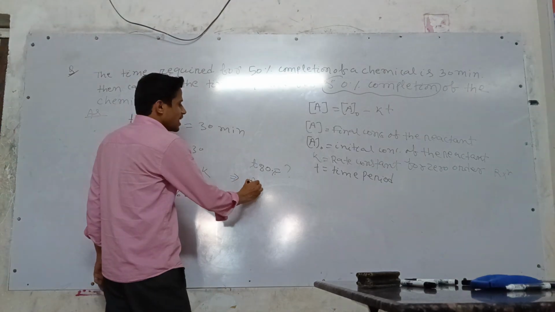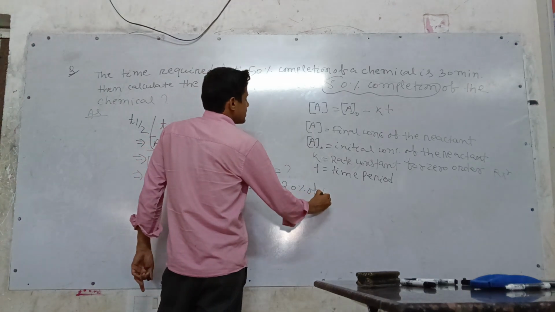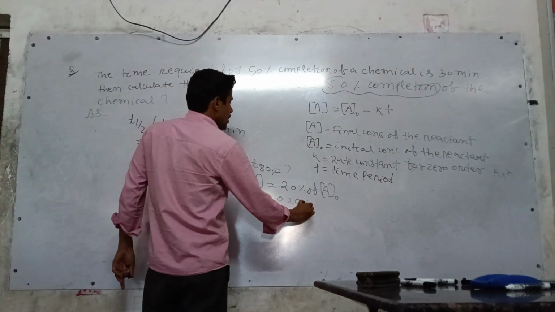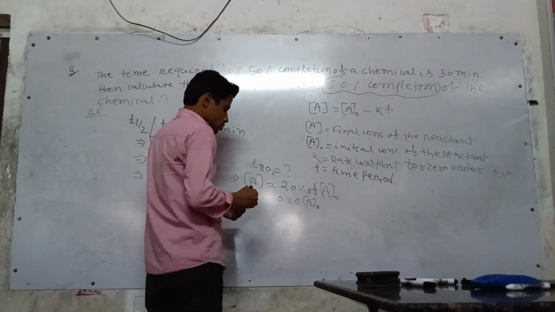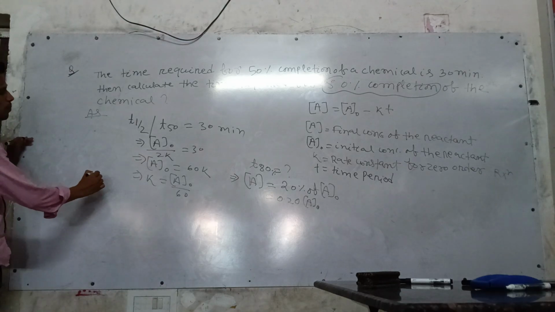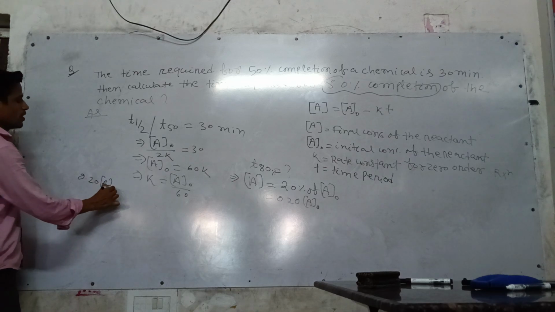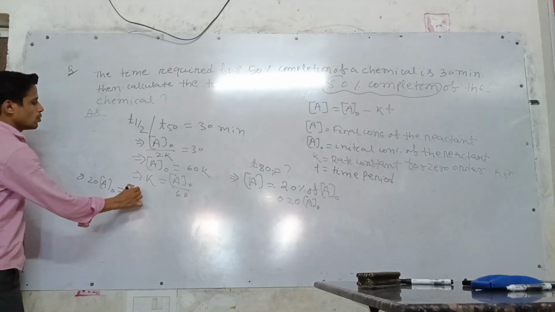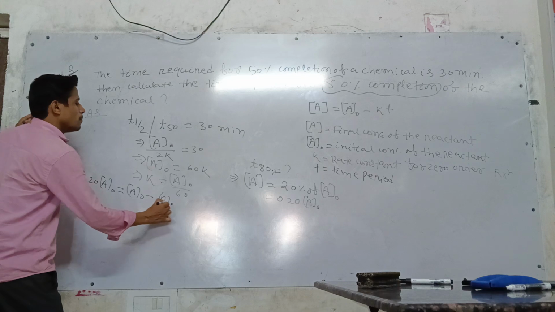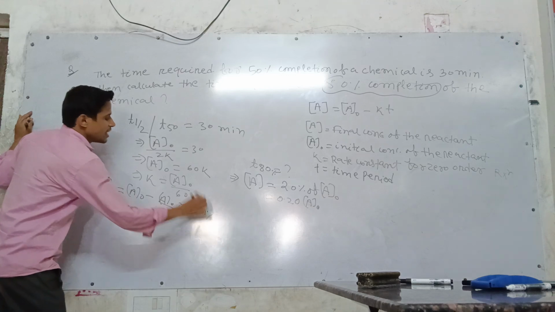So the final concentration equals 20% of the initial concentration, which means 0.20 of A0. So A equals 0.20 A0, which equals A0 minus, in place of K we will put A0 by 60, into t, that is t 80%.